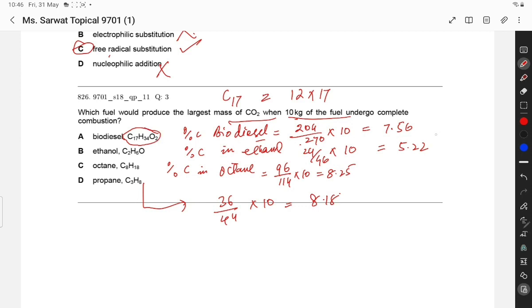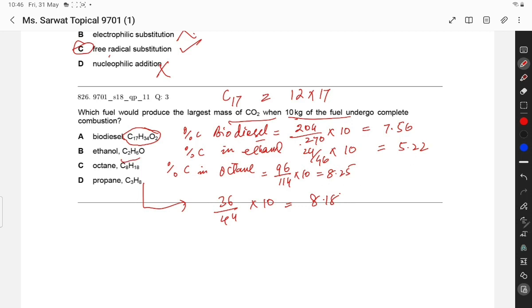So this is 7.56, and in ethanol, 24/46, because carbon is 24 and 46 is the Mr of the compound, out of 10 kg.